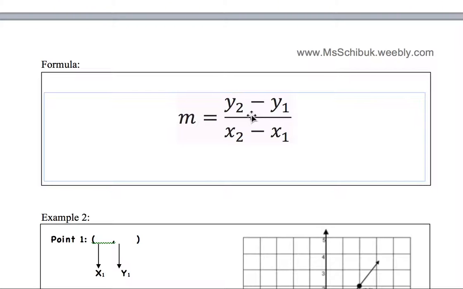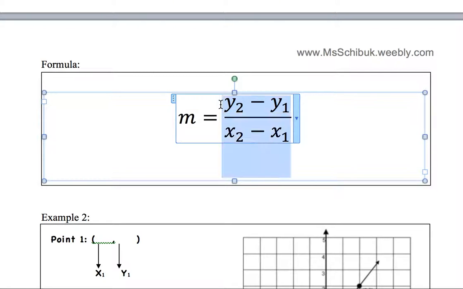How much is my line going up or down vertically? So I can do that by taking the difference, that means subtraction, between my two y coordinates. That would be my rise. My run is how far does the graph move horizontally? So I can find the run by taking the difference between my two x coordinates.